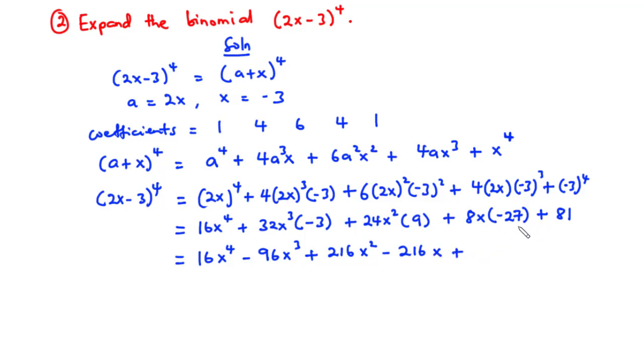And then we have plus 81. So the expansion of 2x minus 3 to the fourth power is equal to 16x exponent 4 minus 96x cubed plus 216x squared minus 216x plus 81.